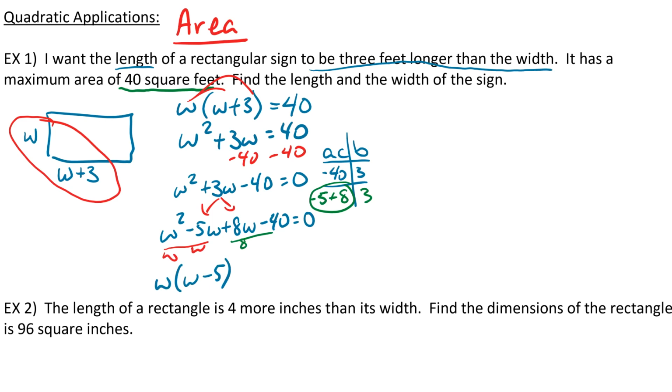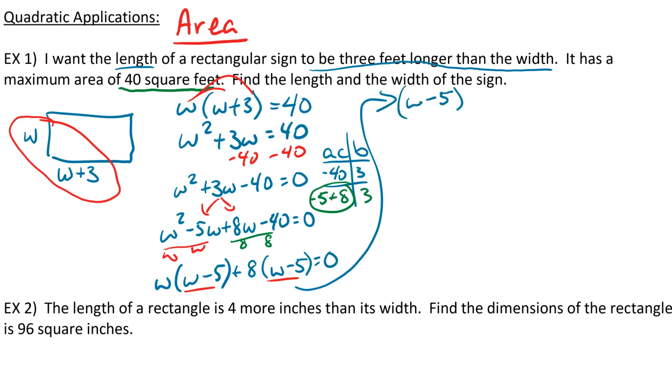And then the second group, we can take out an 8. So it's going to be plus 8 times W minus 5. The insides match, so we're going to have W minus 5 times W plus 8 equals 0.